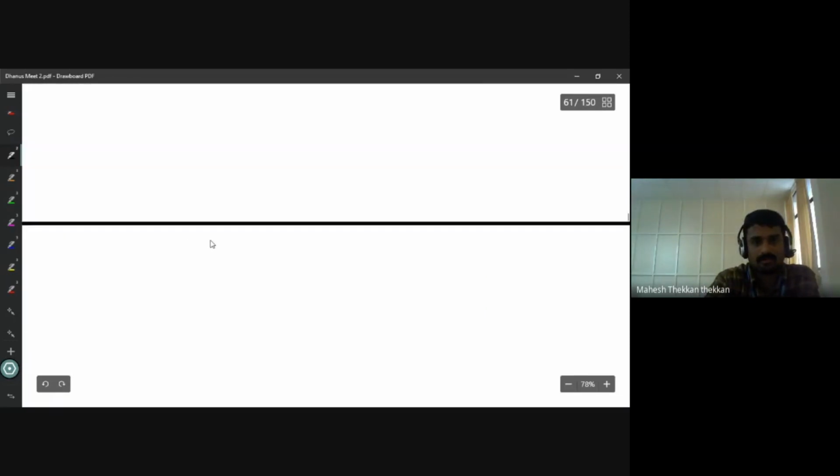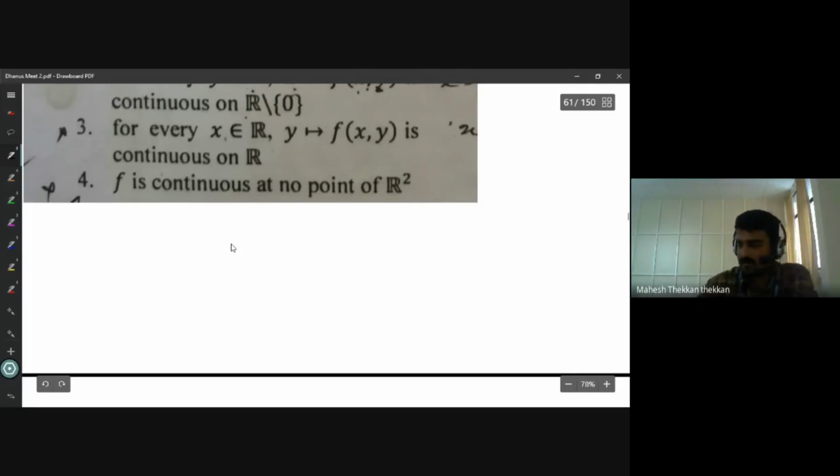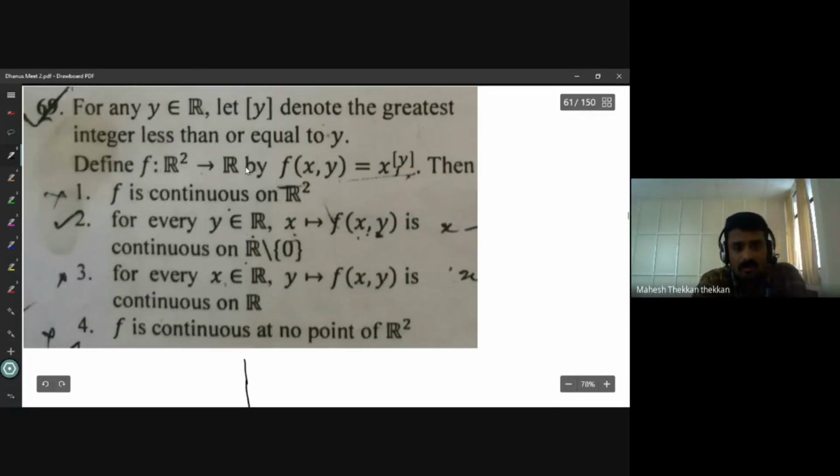I will draw it here itself. So look at the question. f from R2 to R is defined by f(x, y) = x power integer part of y.